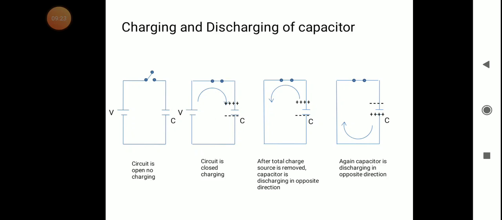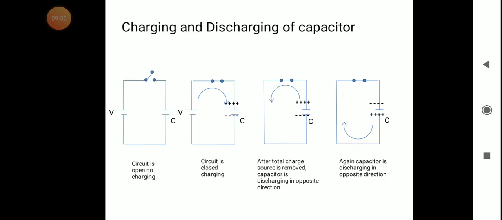These charges are stored as positive charge on the first plate and negative charge on the next plate. In between these two there is attraction, but in the middle there is no physical contact. These two are physically separated. Because of this electrostatic attraction, the charge will be stored on the capacitor.